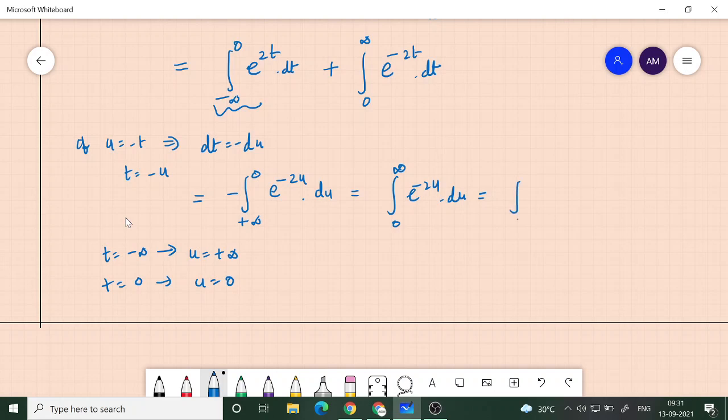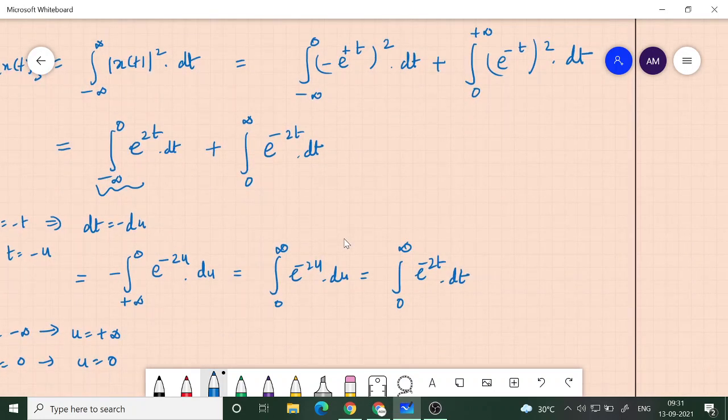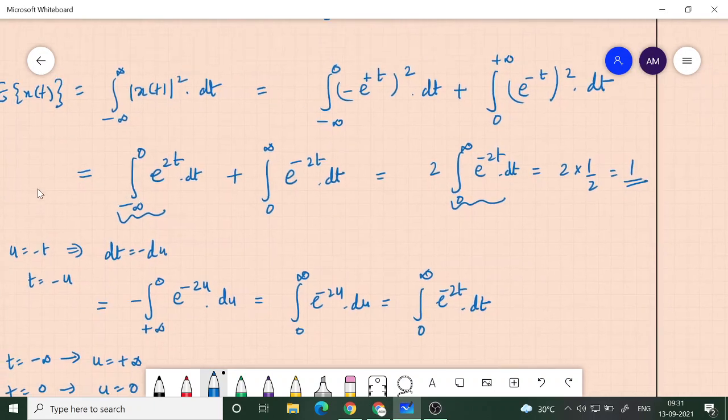So that will be 0 to infinity e raised to minus 2t dt. Now if you compare with the second term, they are exactly the same. So you can write this as 2 times the integral 0 to infinity e raised to minus 2t dt. Now this we have evaluated already, we got 1 by 2, so it is 2 into 1 by 2, which is 1. So that's the energy present in the given signal.